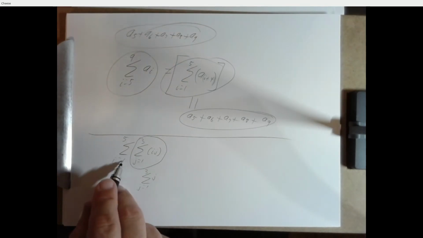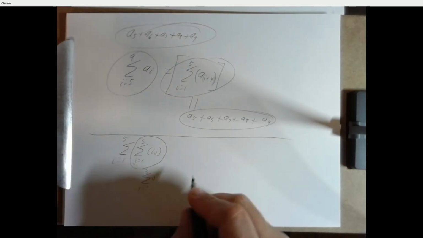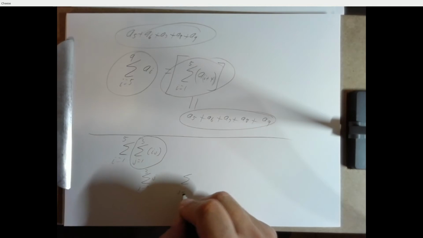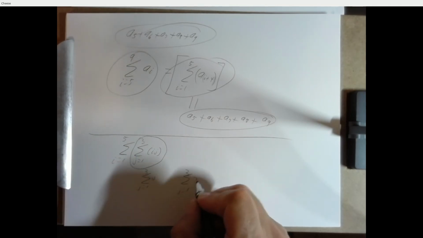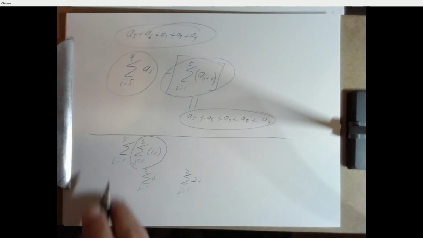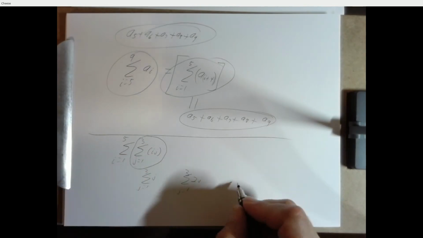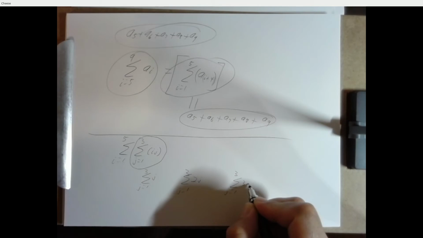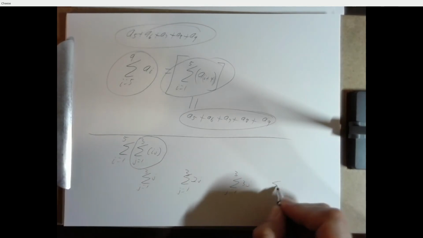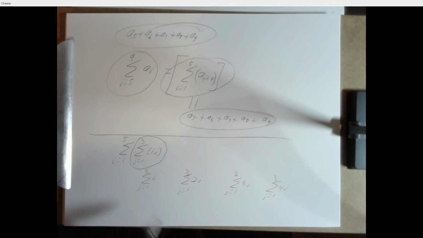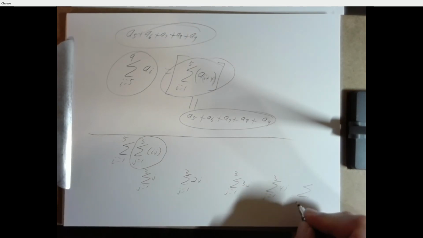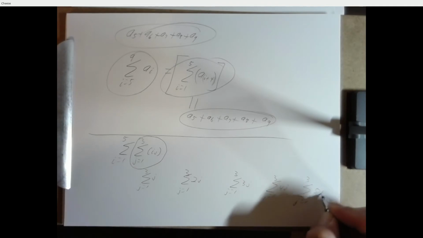Okay, what if i is equal to 2? What is this expression equal to? It's the sum from j equals 1 to 3 of 2 times j. And if i equals 3, this summation is the sum from j equals 1 to 3 of 3 times j. And if i is 4, it's the sum from j equals 1 to 3 of 4j. And if i is equal to 5, it's the sum from j equals 1 to 3 of 5j.